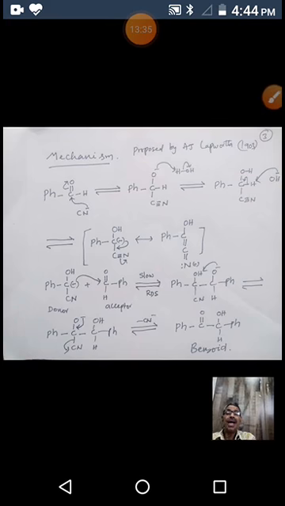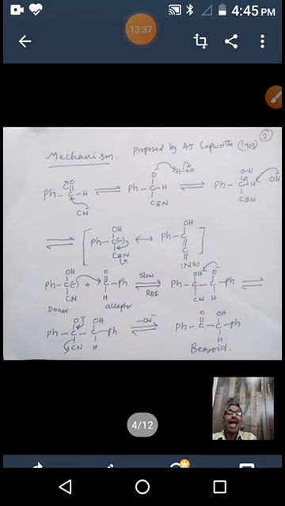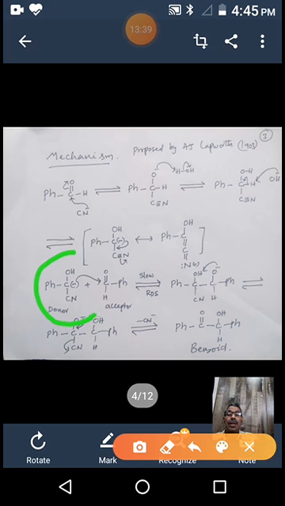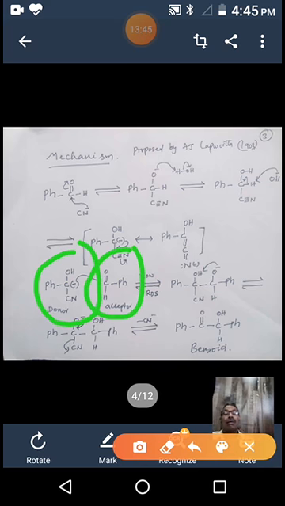So in this reaction, one molecule of benzaldehyde is acting as a donor and another molecule is acting as an acceptor. Two molecules acting differently.